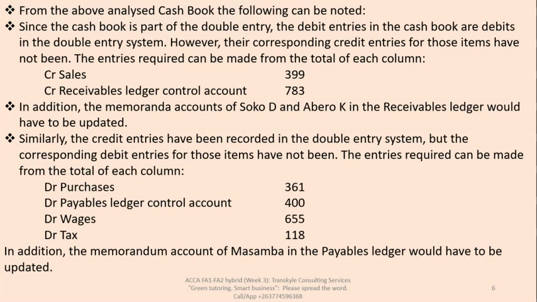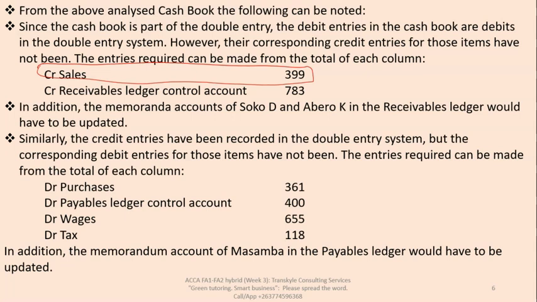The entries can be made from the total of each column. So, for example, for cash which has been received from cash sales, the corresponding credit entry would be credit sales.